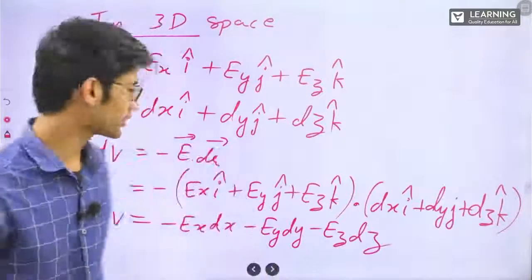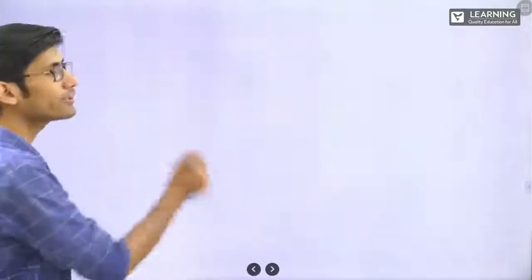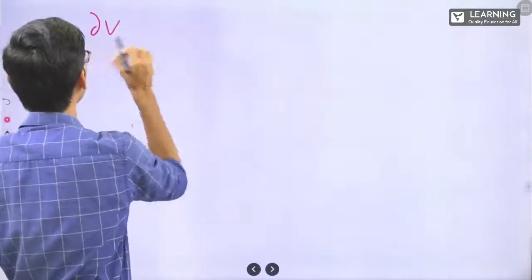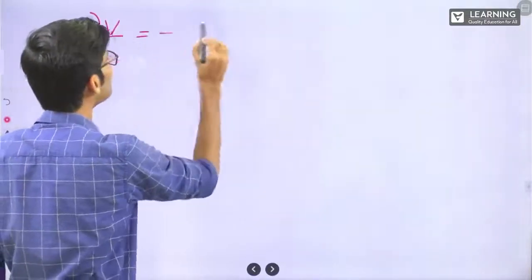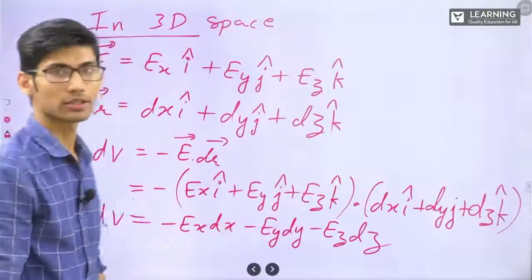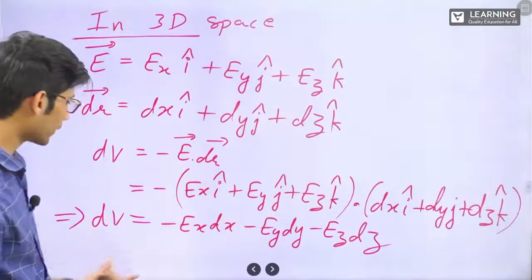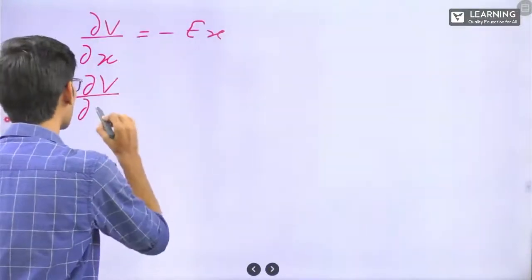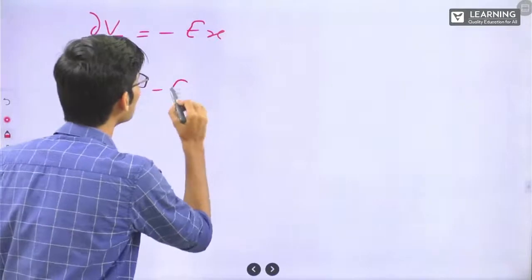That is what partial differentiation is, represented by dou. Dou V by dou x will be equal to minus Ex. Dou V by dou y is equal to minus Ey.